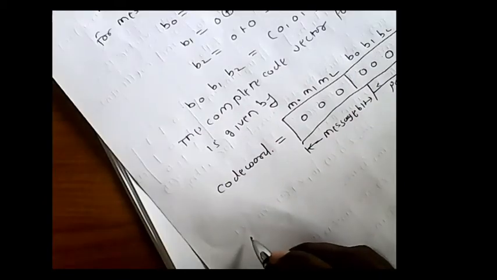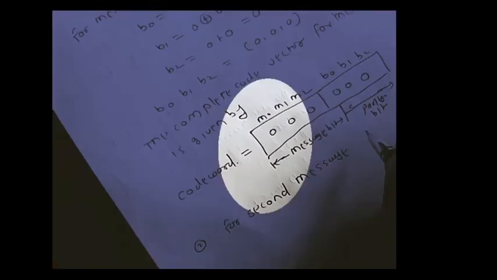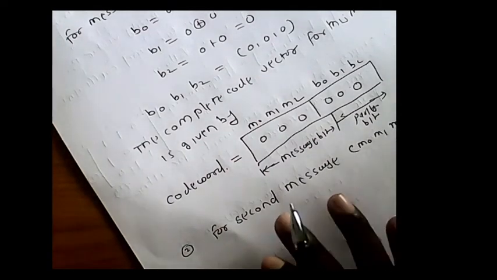For second, we can also find out similarly for the second message vector, M0, M1, M2 from step 1, which is 0 0 1.